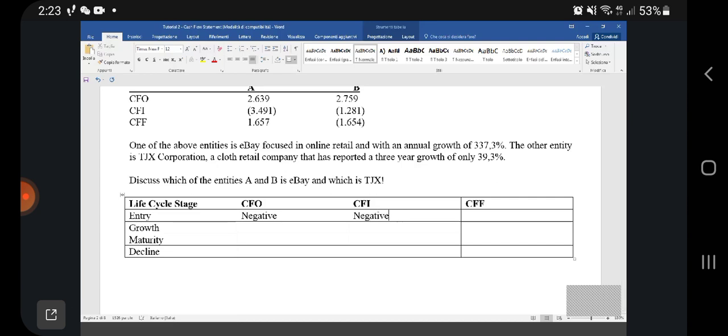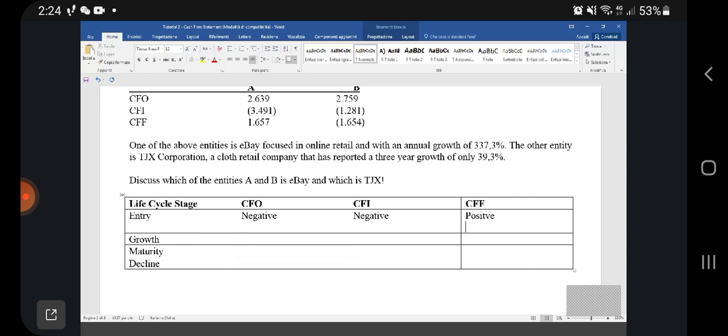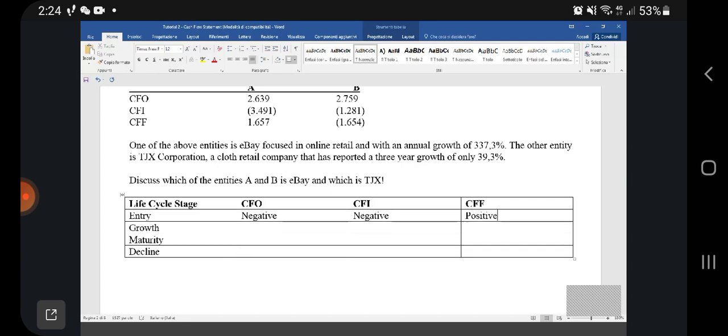What about cash flows from financing activities? Where we have to find money somewhere, right? And we find money under the financing agreement. How is that? Usually the companies in the entry stage find financing through 2 main instruments. One is issuing shares and raising the equity funds, or equity financing.